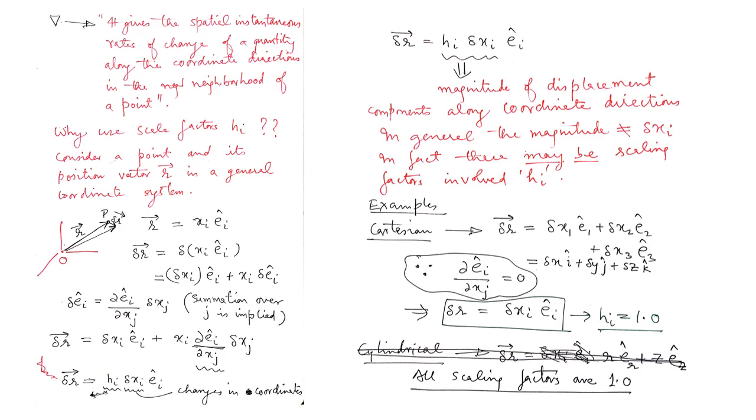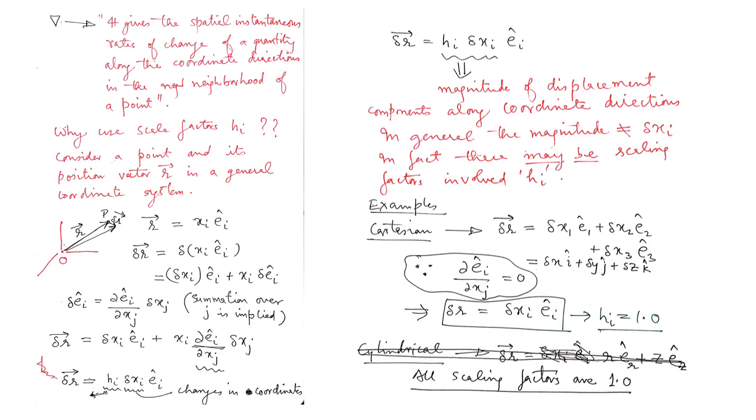So all this tells me that delta r can eventually be written as the changes in the coordinates, delta xi, the corresponding unit vectors ei, and some scale factors. Now I hope you realize why these scales enter the picture. That is because of the changes in the unit vectors with space.